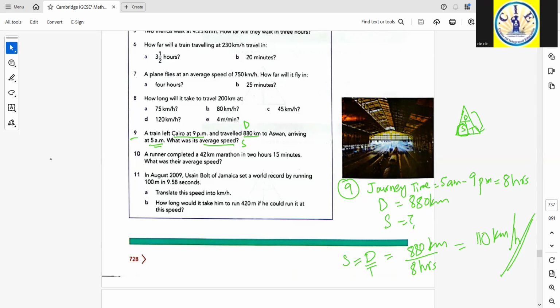Now it's question number 10. A runner completed a 42 kilometers marathon in 2 hours 15 minutes. That's the time, that's the distance. What was their average speed? We need to find out the speed. So speed is distance by time.